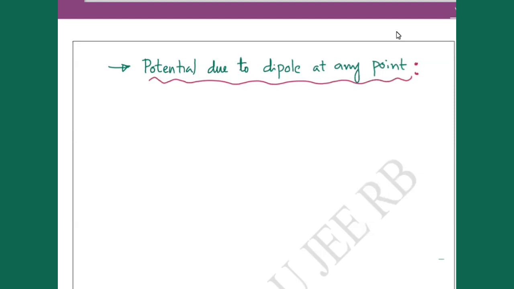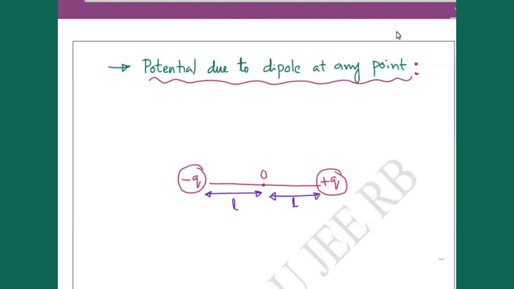I'll take a charge minus q and a charge plus q, separated by a certain distance. From the center, let me take this distance as L, and here the distance is also L. The total length is 2L, right? Now first, V on the axis.